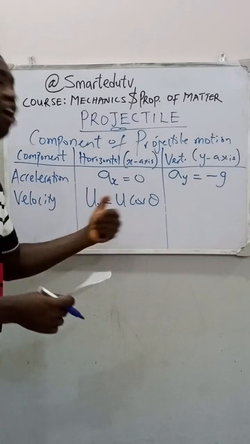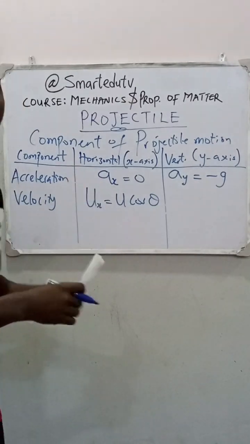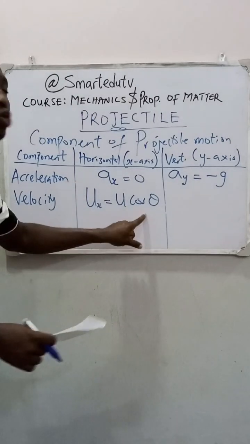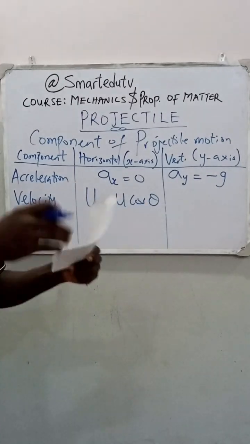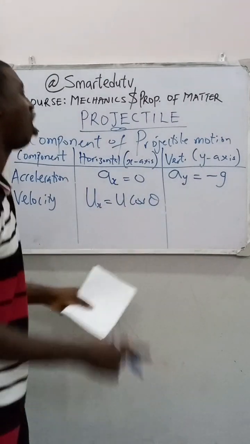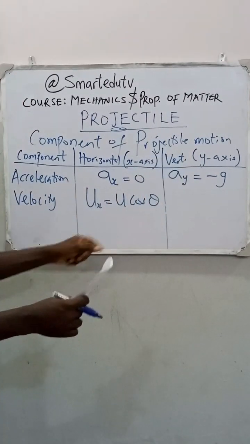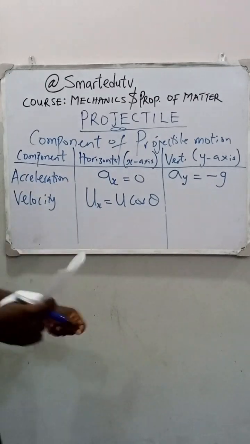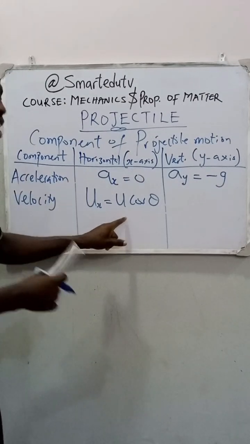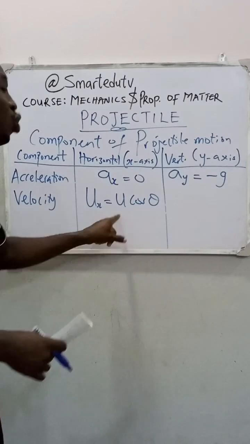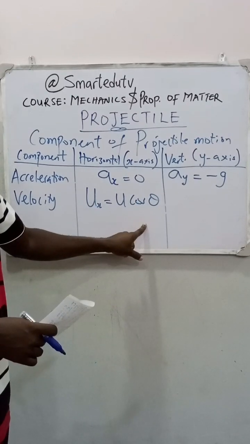Anytime we are resolving anything along the x-axis, we always use cos. And if we want to resolve anything along the y-axis, we use sine. What are we resolving? I want to resolve u, the velocity. That means to resolve u along the x component, it must be U cos theta.